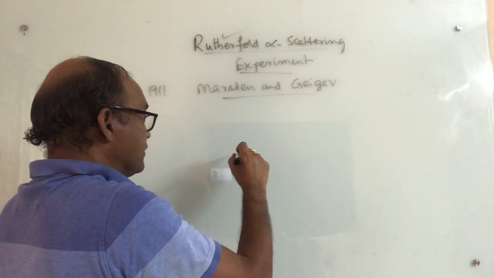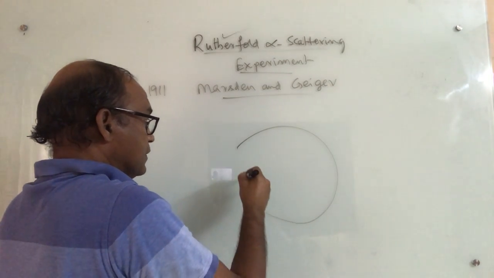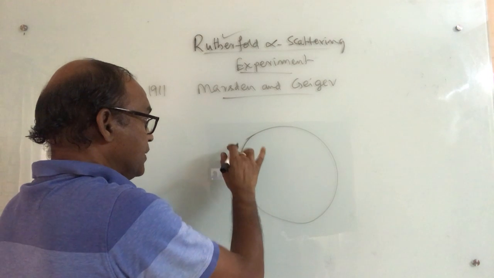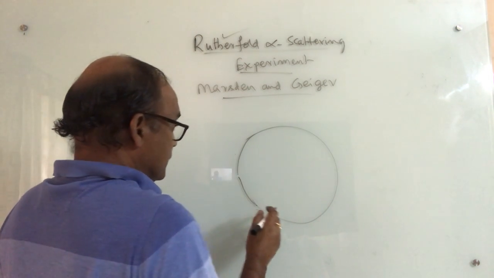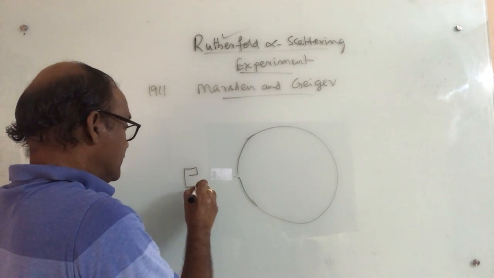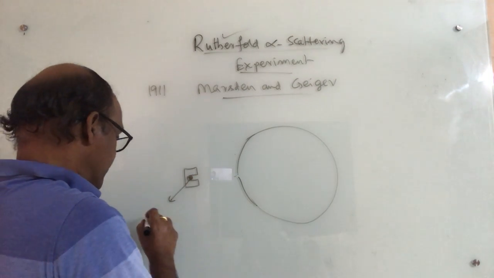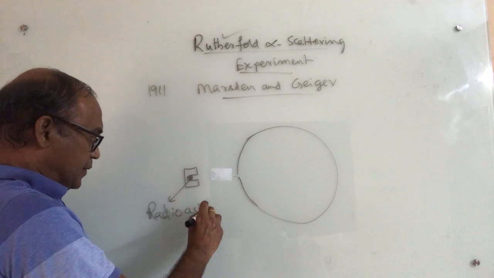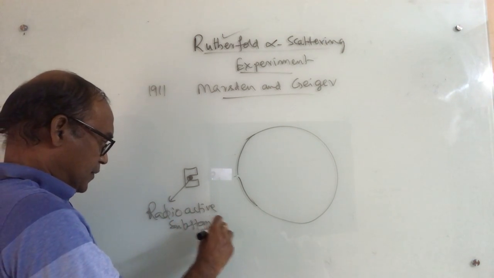One experimental setup was this. This is a completely evacuated chamber. As we have just seen, there is an alpha particle source, an alpha emitter, a radioactive substance with polonium.